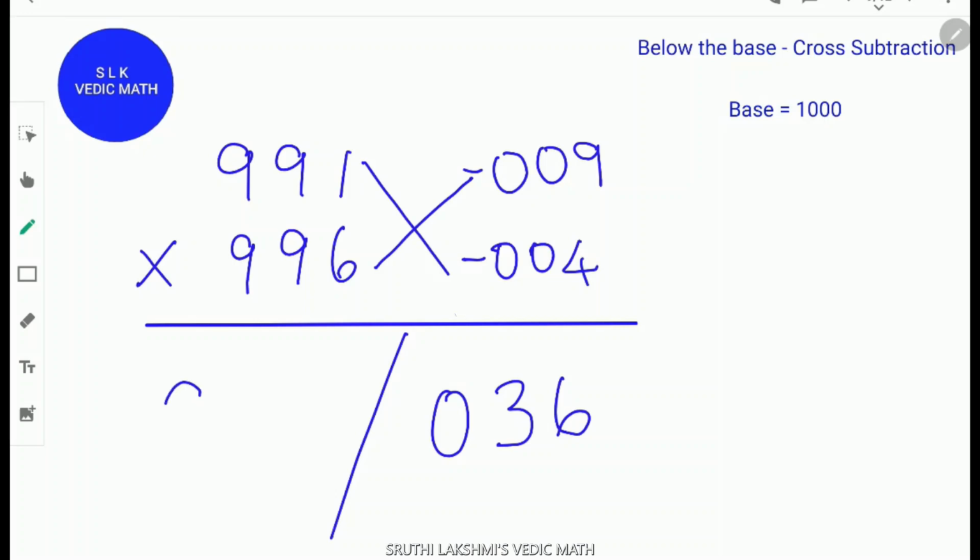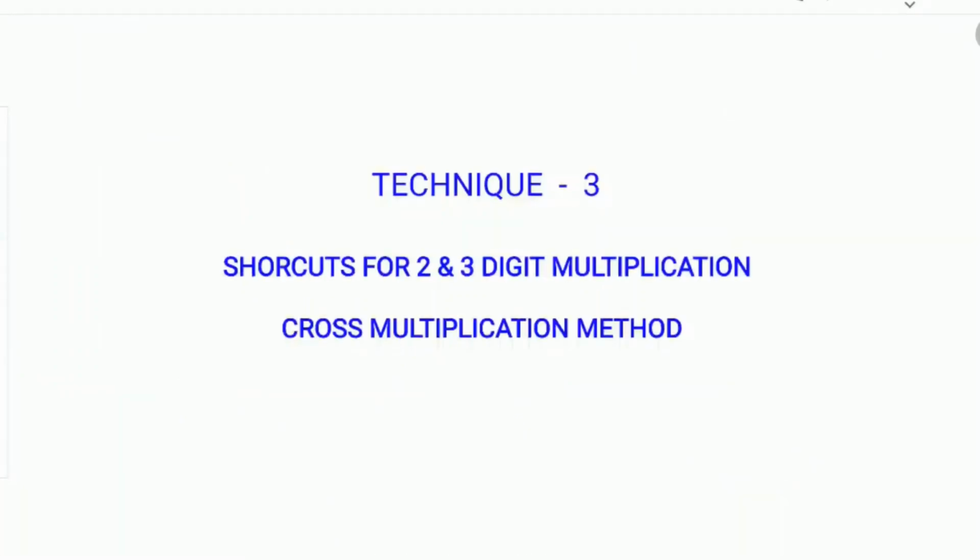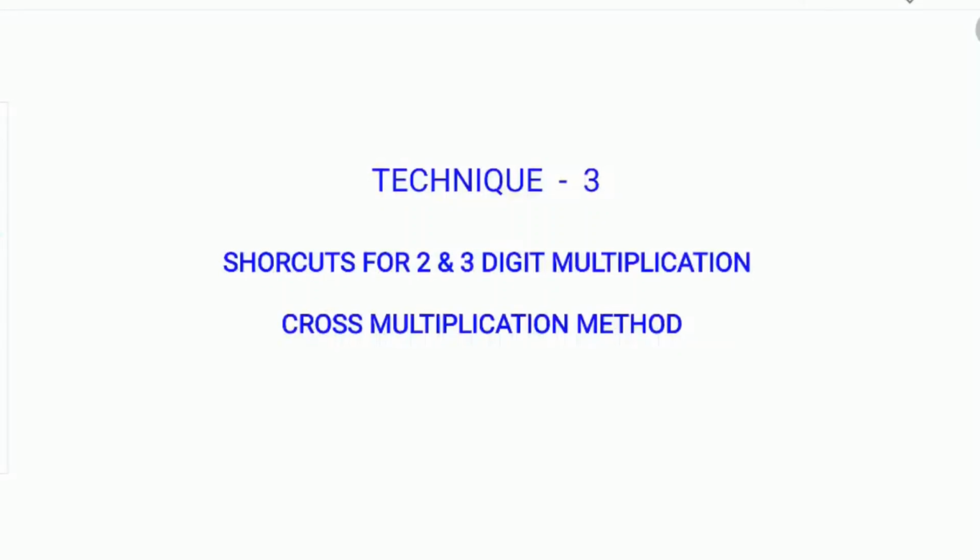They both give the same answer, which is 987. So the answer for 991 times 996 is 987,036.